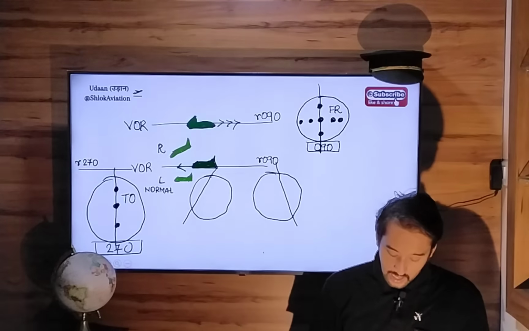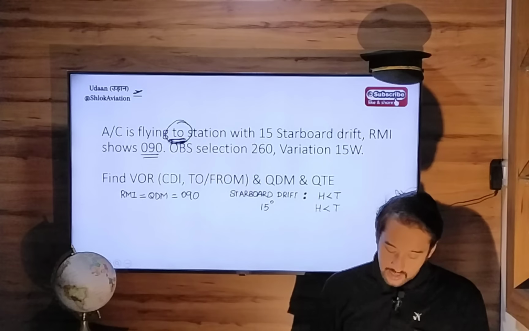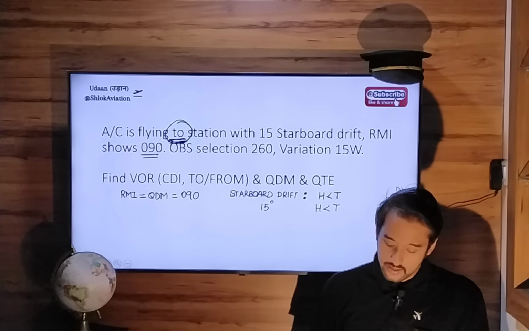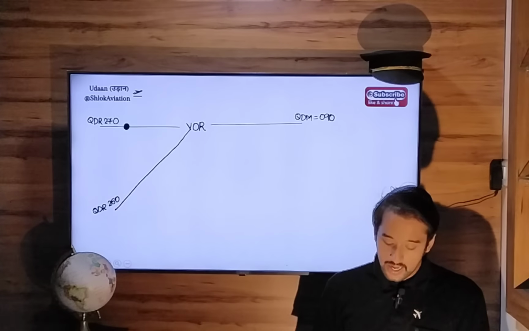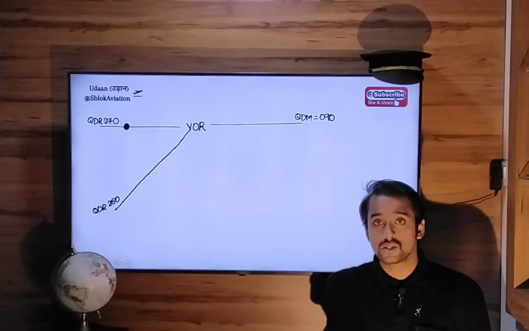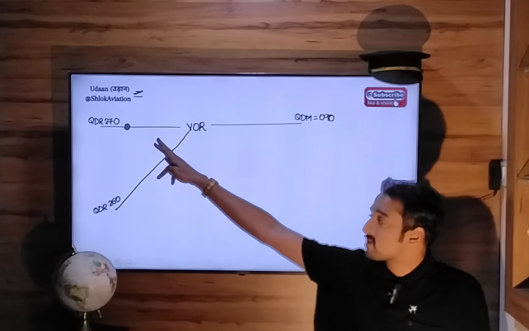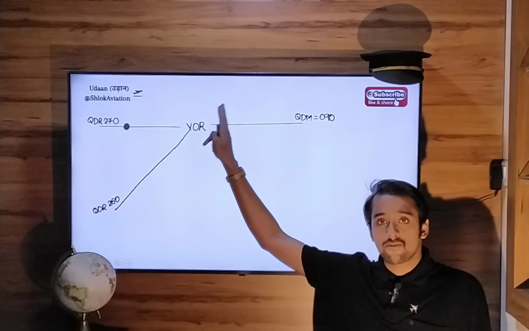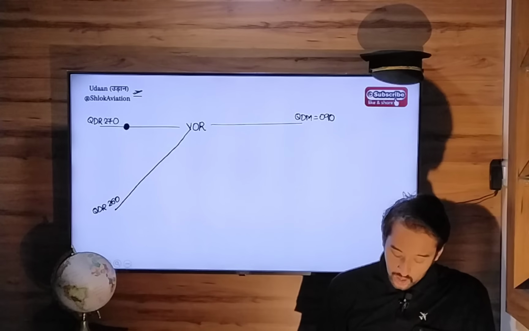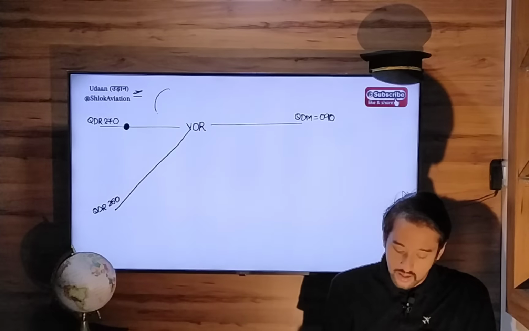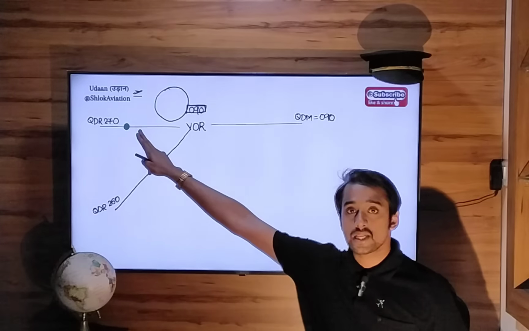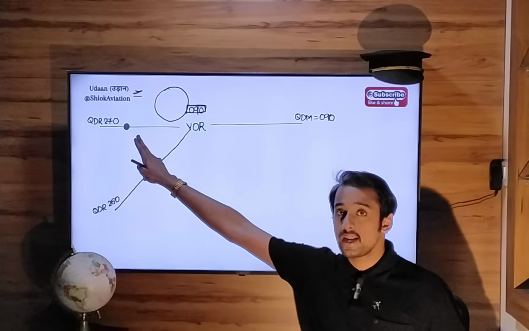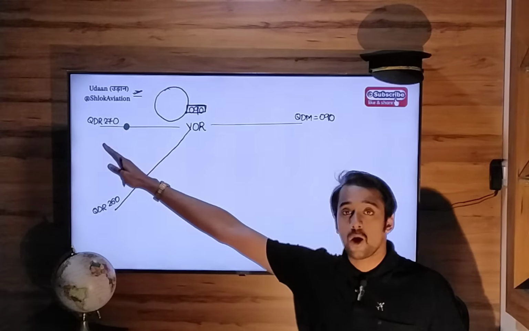Now let's come back to this question in which we were given that you are flying towards the station, and you are currently located on radial 270. So our aircraft is on radial 270, and we have to go towards the station. You should have put radial 090 in the OBS selector, because if you put radial 270, you are expected to fly outbound.